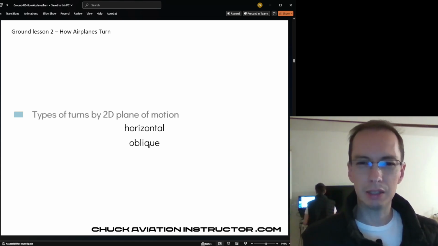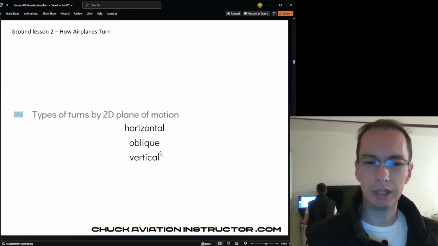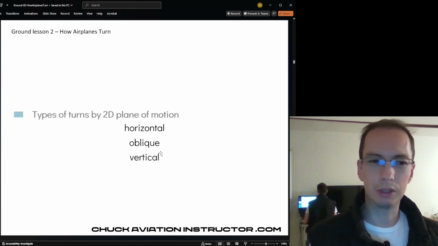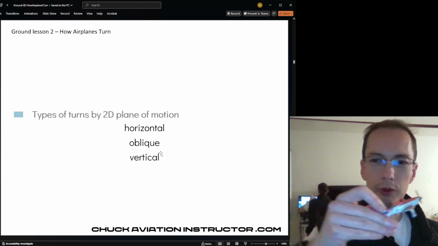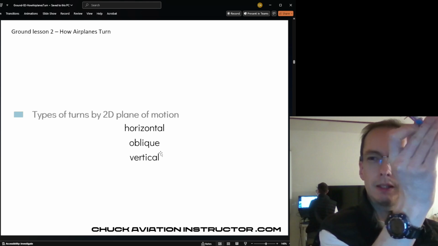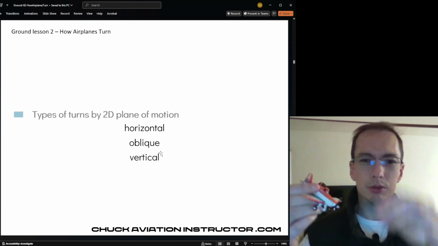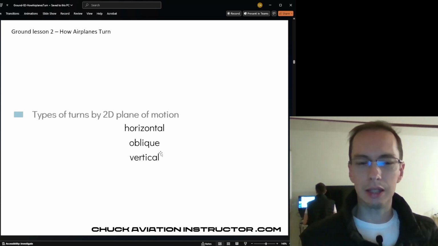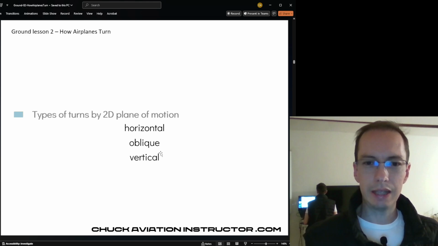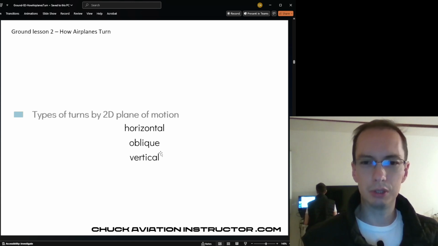And believe it or not, a vertical plane of motion is also used for a turn. When you make a loop, for instance, entirely vertical, that is also a turn.